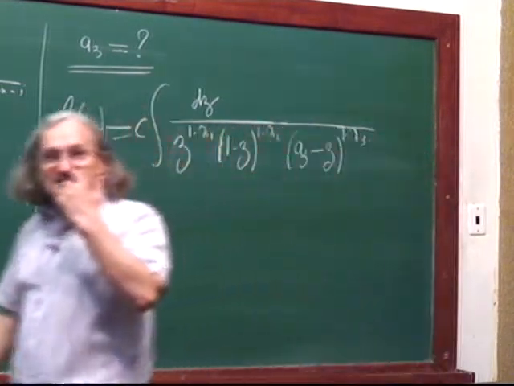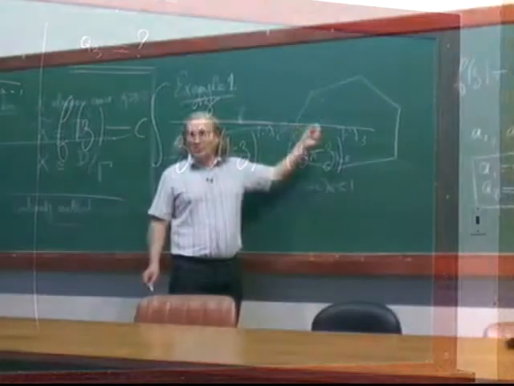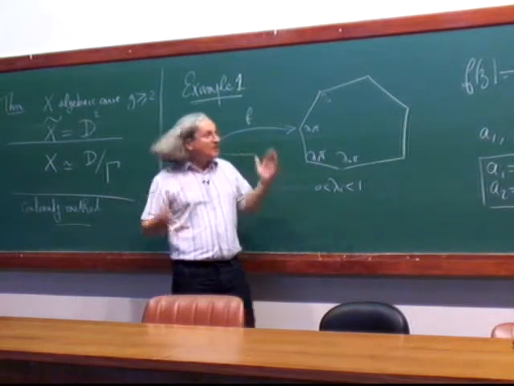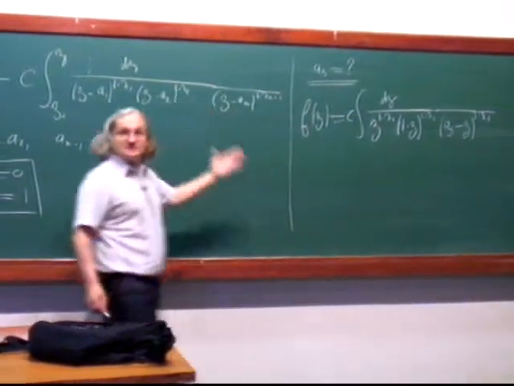And your problem is, show that for at least one value of A3, you will indeed get the conformal representation of the given quadrilateral. So you are given the quadrilateral, and you want to show there is some A3 such that this formula is correct.